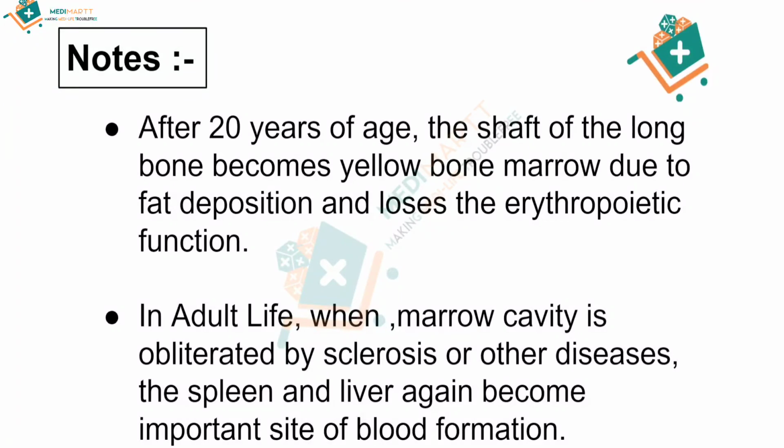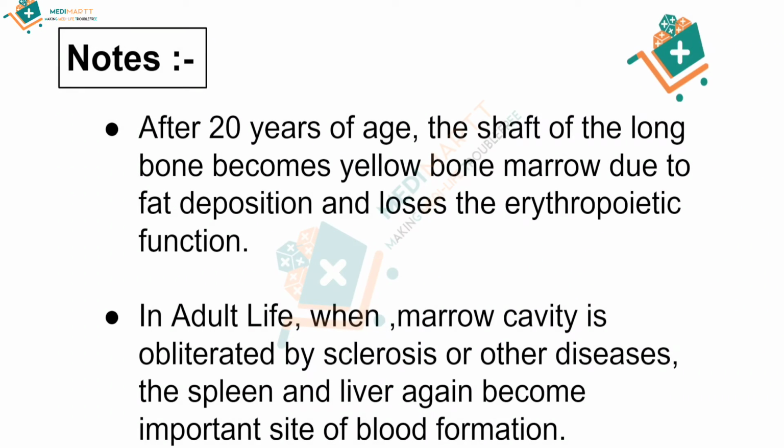After 20 years of age, the shaft of the long bone becomes yellow bone marrow due to fat deposition, and it loses the erythropoietic function, because as we saw, erythropoiesis only occurs in the red bone marrow. So after 20 years of age, the shaft of the long bone becomes yellow bone marrow, that's why it loses its erythropoietic function.